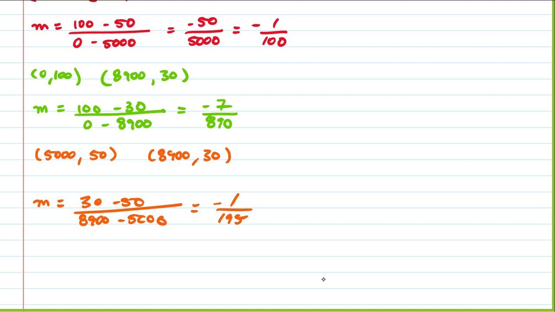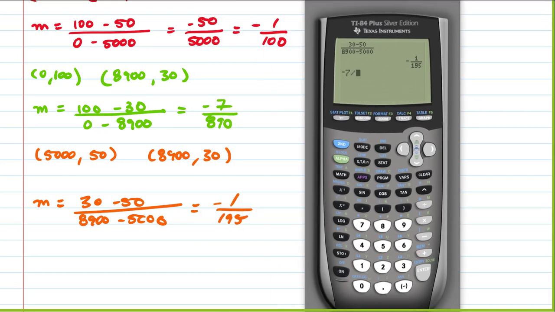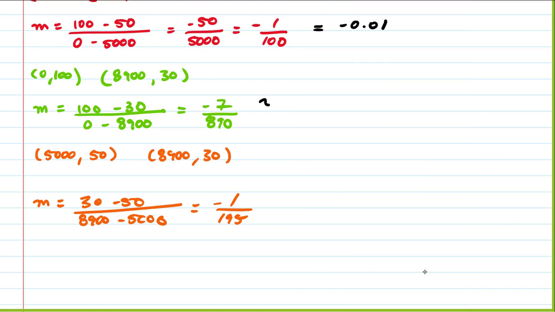So just to help us out, this one's exact actually, negative 1 over 100 is equal to negative 0.01. If we go negative 7 and we divide that by 890, we get negative 0.0078, so about negative 0.0079.